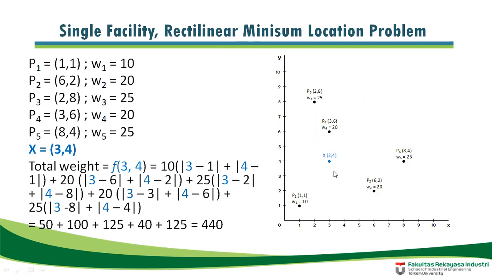By using the rectilinear Minisum location problem, the distance will be totally different because it will follow angles and lines. For example, if my first retailer P1 wants to reach the depot, it should follow an orthogonal way, here and here.